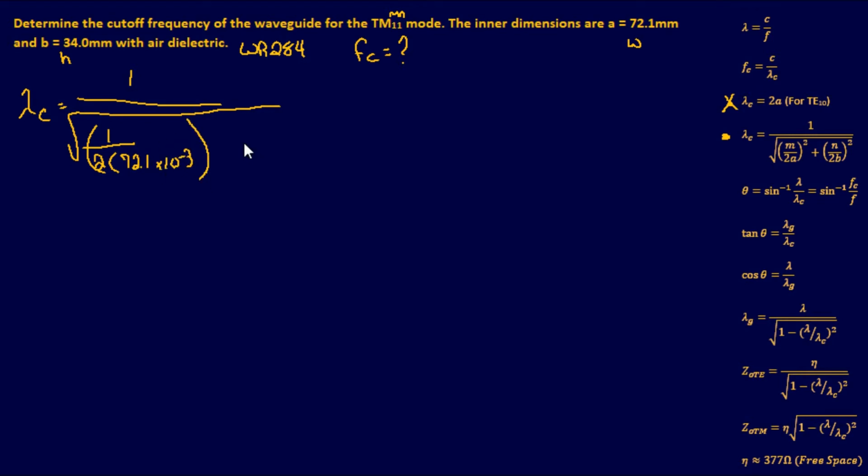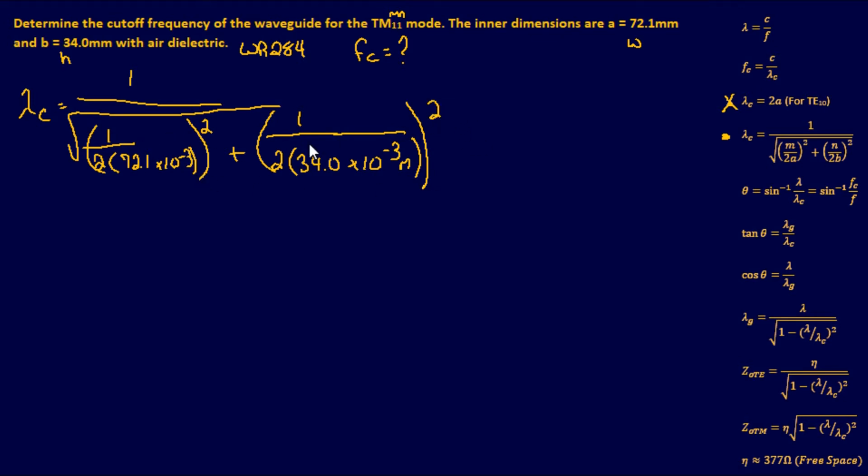And I'll see if I can clear my handwriting on the next one, and that's squared, plus, we're going to do the same thing again, so it's parentheses, and it's going to be 1 again, because November is 1, over, and it's going to be 2 times, and this one's going to be the height, which is going to be 34.0 times 10 to the negative 3 meters, because that's in millimeters, so it's always going to be 10 to the negative 3. And let's see if I can close parentheses, and then square that one.